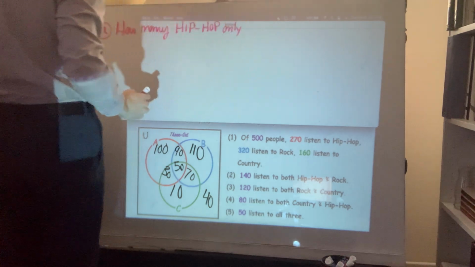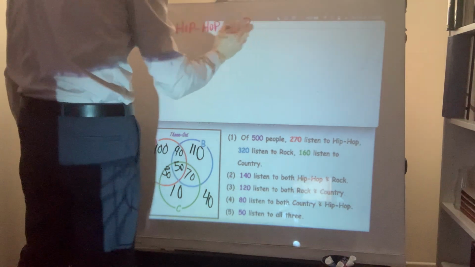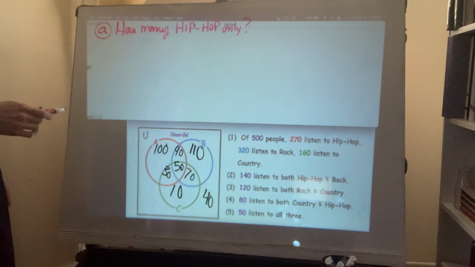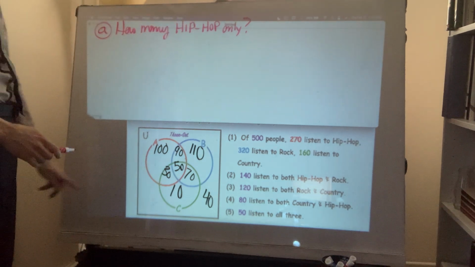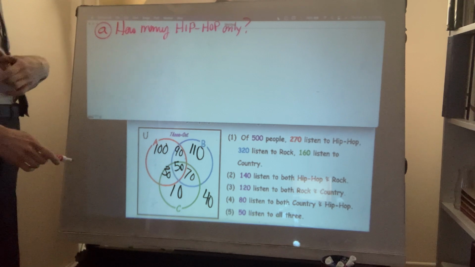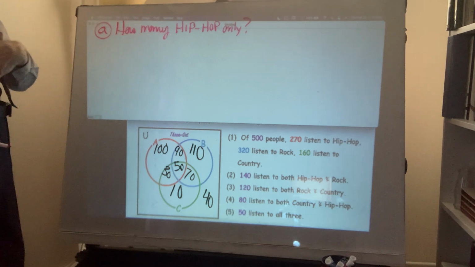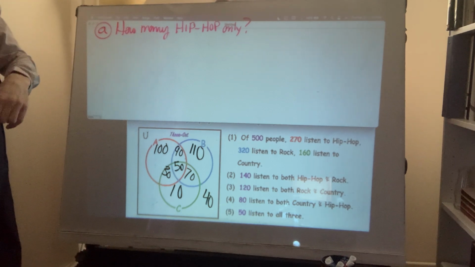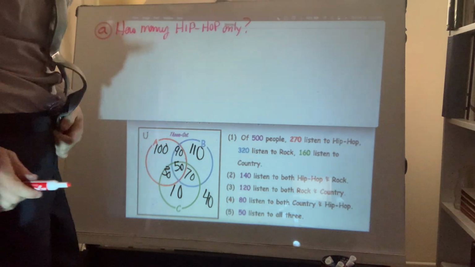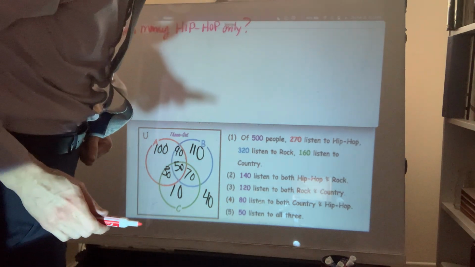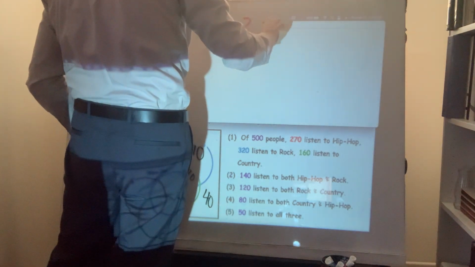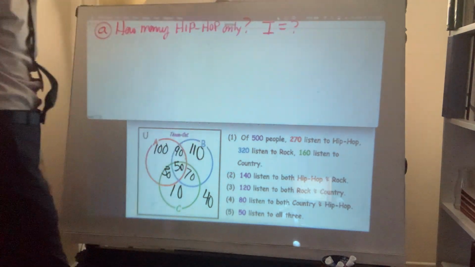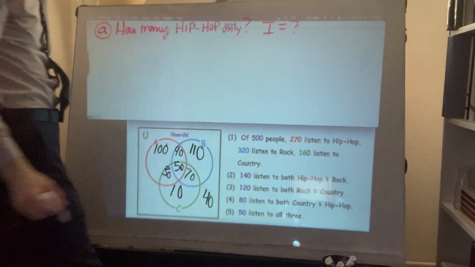If you wanted to get fancy, you could say there's an abbreviation I could use for that. We know what hip hop only is immediately. If you wanted to translate this, and I wouldn't fault you if you didn't, this is asking what is region 1. It's 100.